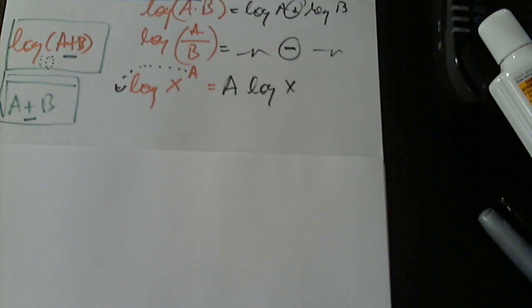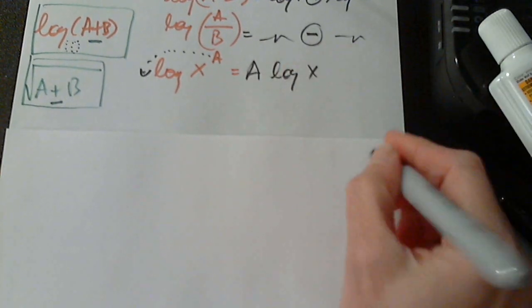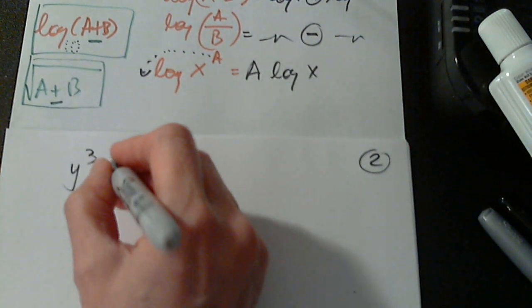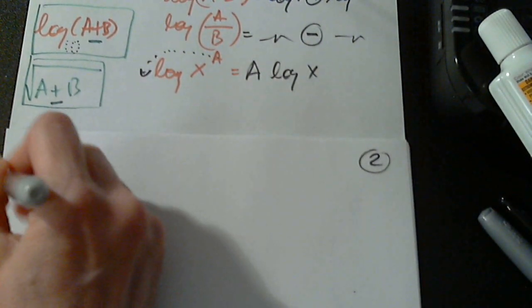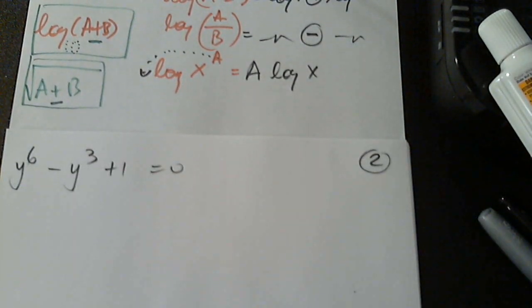So we had something like, I don't remember the exact problem, I'm just going to make a problem up. And that's my page 2. So let's say y to the 6 minus y to the third plus 1. I'm not saying that we want to solve this, but we came up with something. And why?